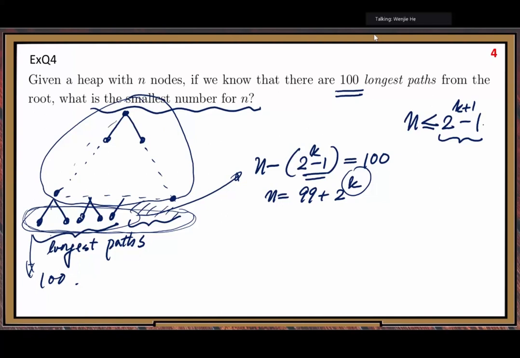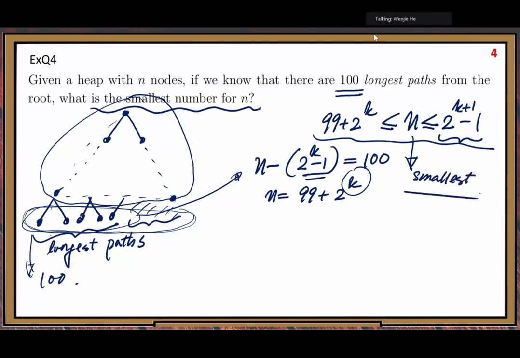So our n should be in this range, starting at 99 plus 2 to the k. And we want to find the smallest such n.